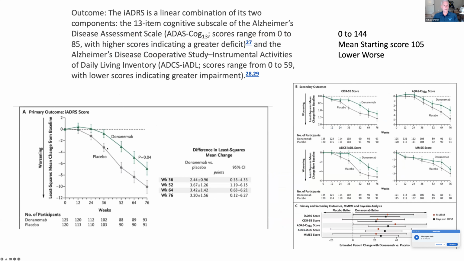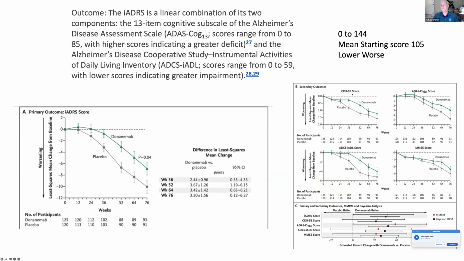And their phase 2 study, which was published in the New England Journal, their outcome was a made-up outcome of 2 different standard outcome measures in which they showed a significant difference. It's important to remember that aducanumab also showed a difference in its phase 2 study.